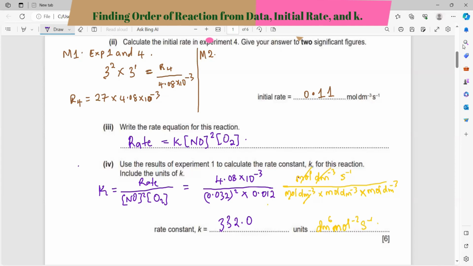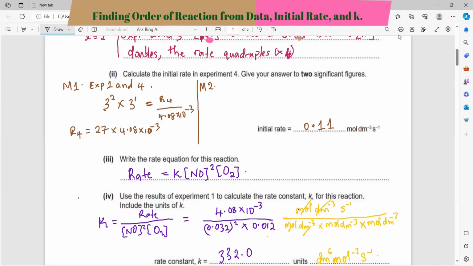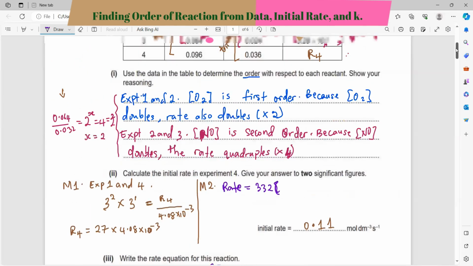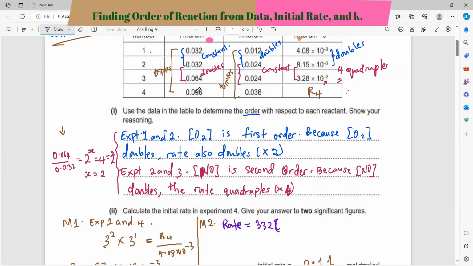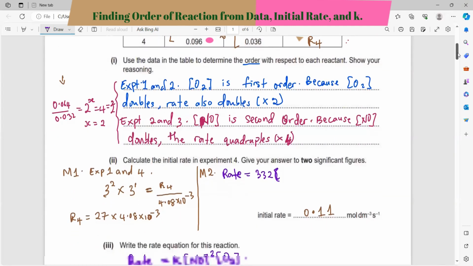So using the rate constant, for example, your rate will be equal to 332 concentration of what? Now, what's the concentration of nitrogen monoxide in experiment 4, 0.096 and 0.036 for oxygen.